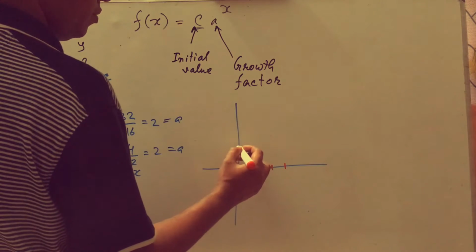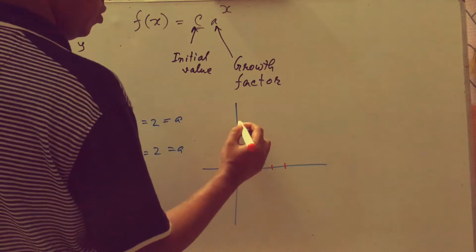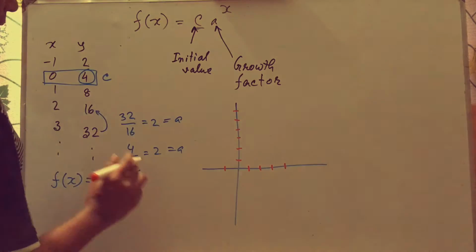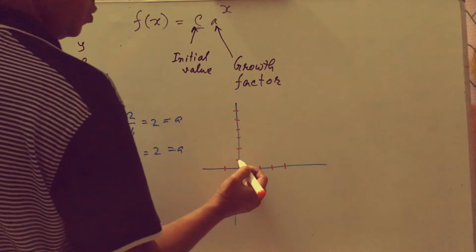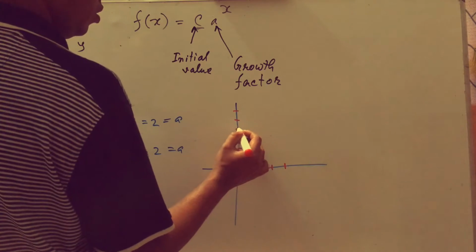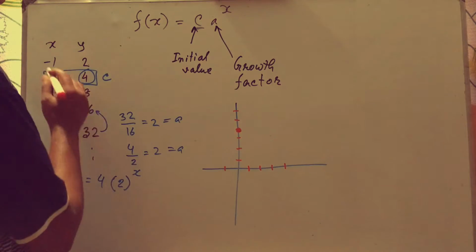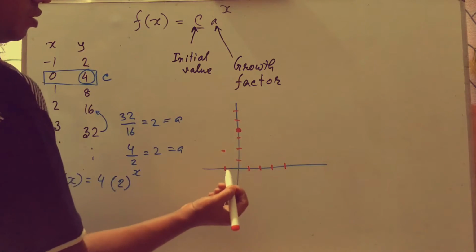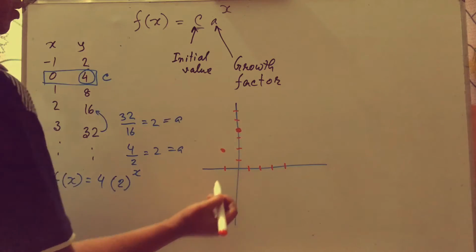Okay, 1, 2, 3, 4, 5, 6, and so on. For 0 it is 4, so 1, 2, 3, 4. This is the value. For minus 1 it is 2, so 2 is here.